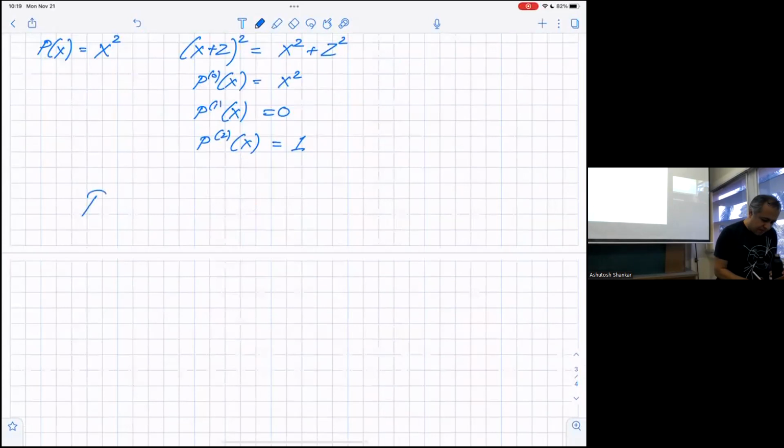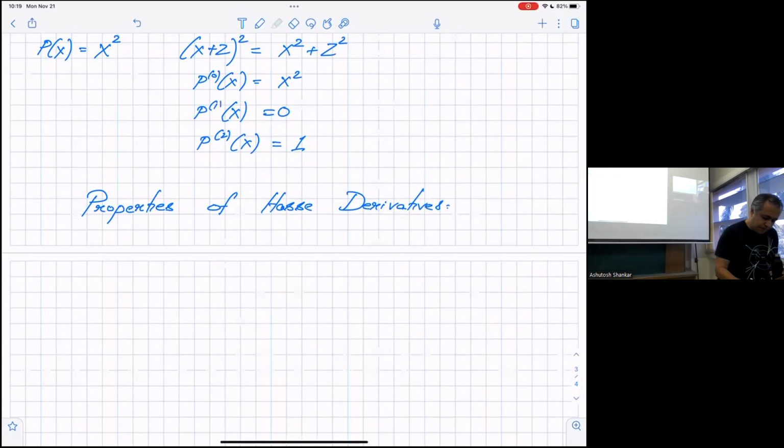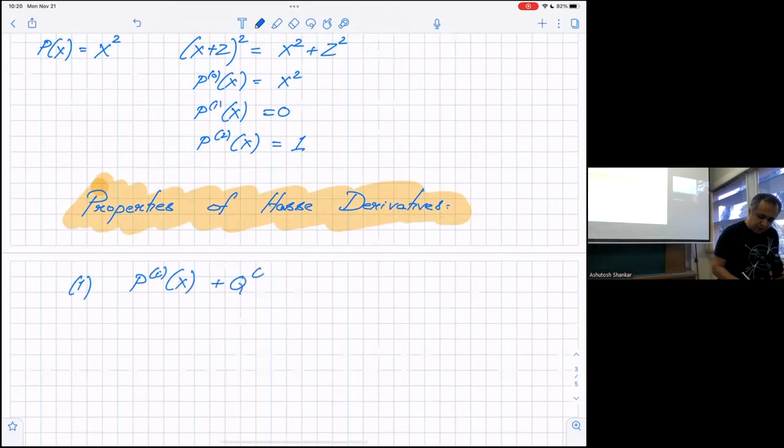Let's see some properties of Hasse derivatives. If you have the ith order derivative of a polynomial and the ith order derivative of another polynomial, I is a vector here.